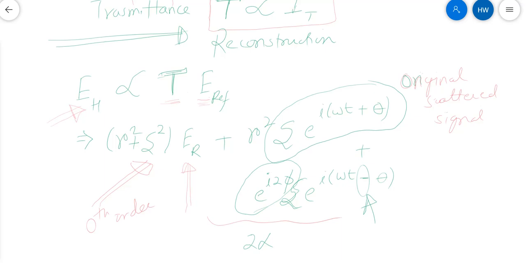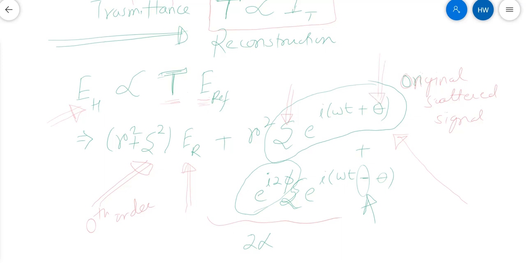Now let's look at the second term. This second term has a uniform intensity R square, which you don't worry about because R square is uniform across the whole beam. And then it has exactly the form of the signal beam. You have S, which is a function of x and y, plus this theta, which again is a function of x and y.